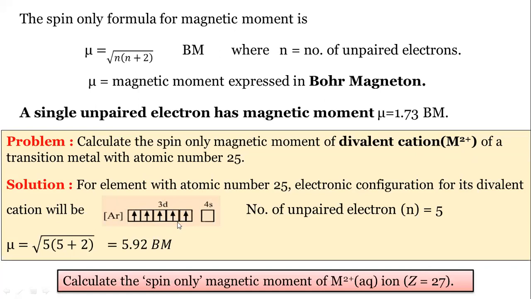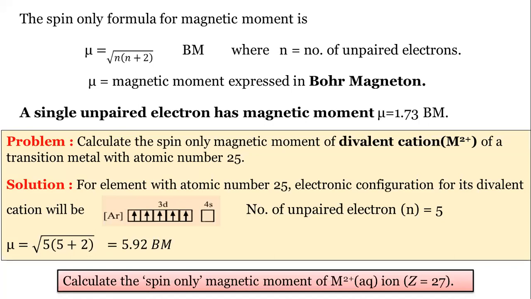That's why unpaired electrons are 5. If it is 3d6, one electron will pair, so unpaired electrons will be 4. In case of 3d7, again an electron will pair, unpaired electrons will be 3. So after 3d5, the number of unpaired electrons decreases, remember.